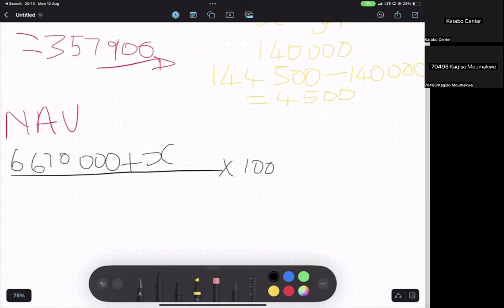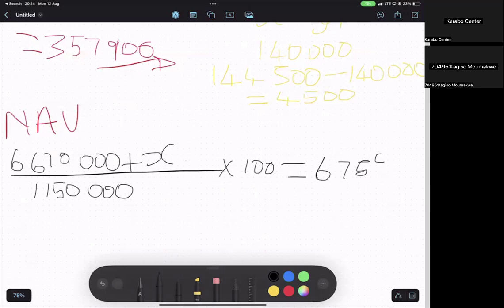And we already know the number of issued shares, 1,150,000. We also know our NAV, which is 675 cents.